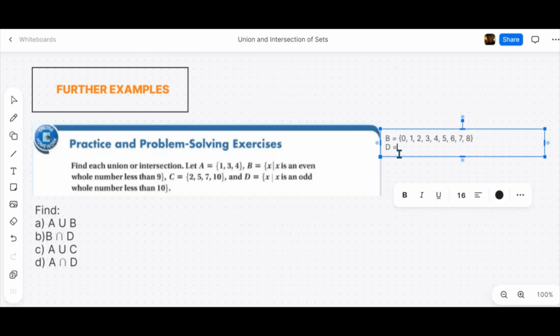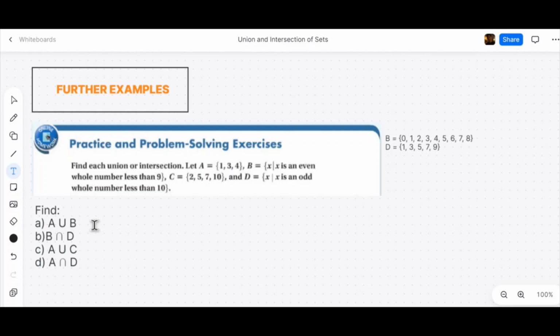Meanwhile, set D is odd whole numbers less than 10. And that must start with 1, next by 3, 5, 7, and then 9. With these elements, we can be able to solve the problems below.